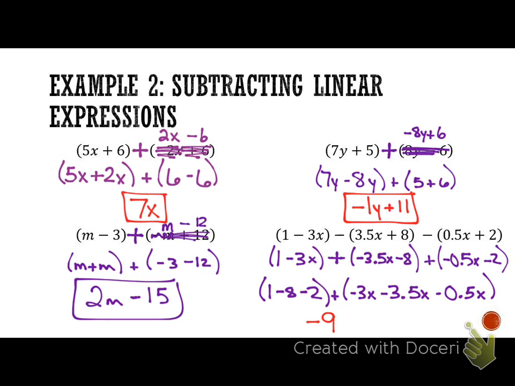Now, what do you think is going to be easier to do on my x's? Yes. Add your decimals, because 3.5 plus half is what? 4. Negative 4. So negative 3 minus 4 is negative 7x.